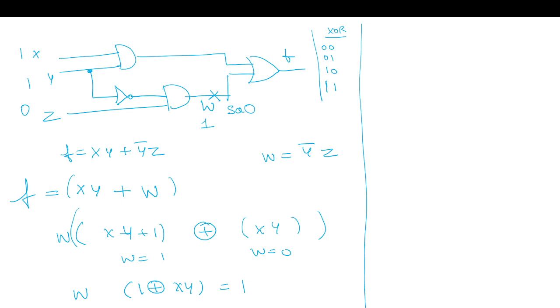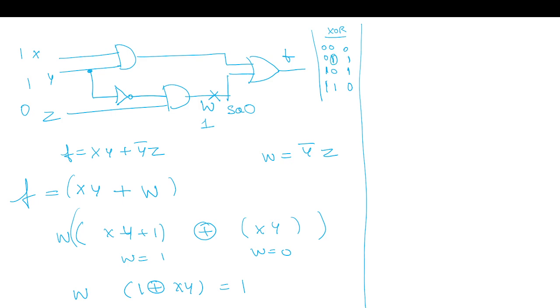Yes, let's see that. So this expression we have come to. Now if we see any value is 1, the output is 1 if the inputs are different. If it is the same, the output is 0.